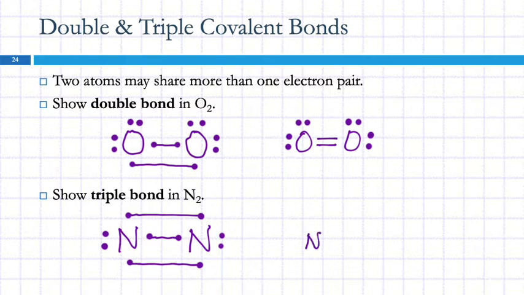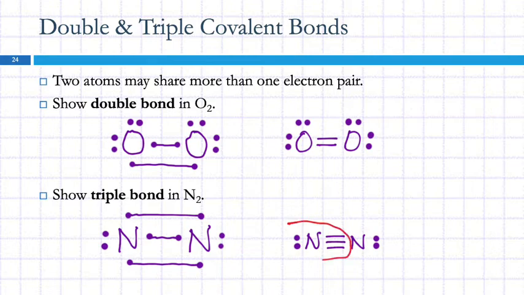We would draw it N, 1, 2, 3, triple bond, and then put the lone pairs outside. So this structure has how many lone pairs? 2. And how many bonding pairs? 3. 3 bonding pairs. When we're looking at how many valence electrons each of the atoms has, do they have the octet?